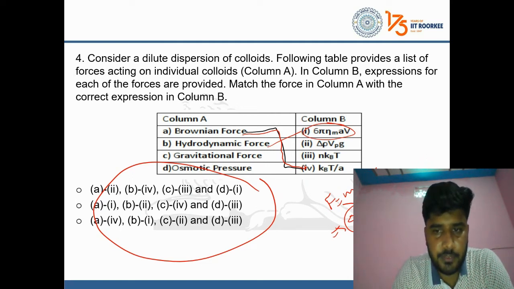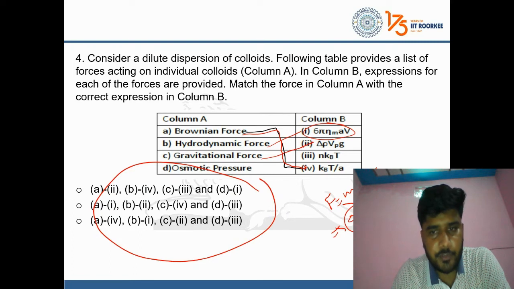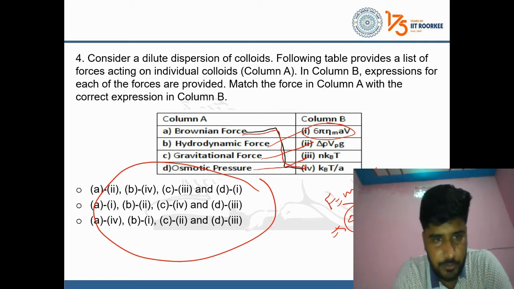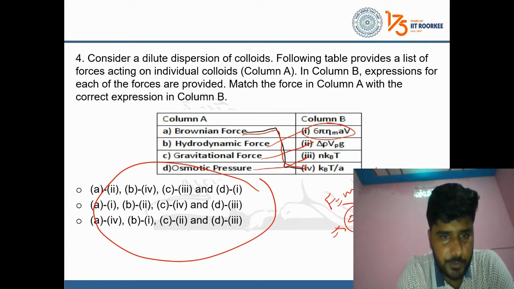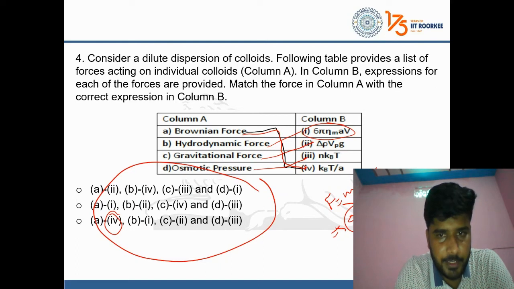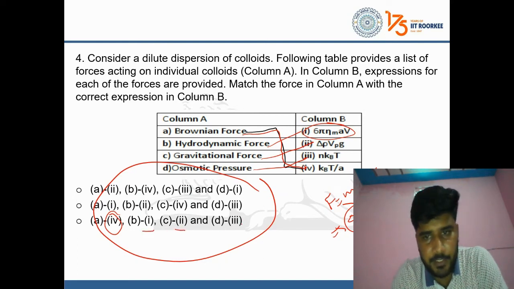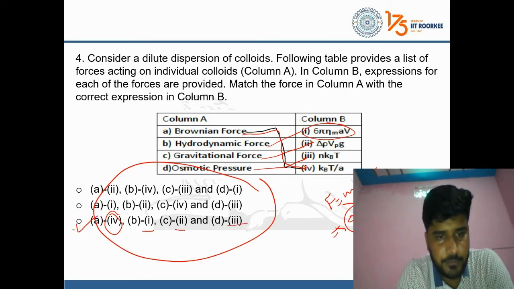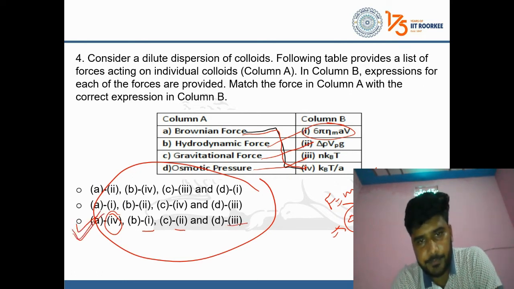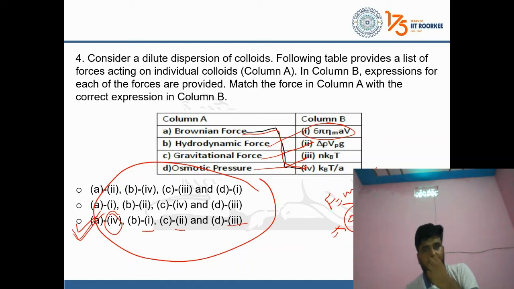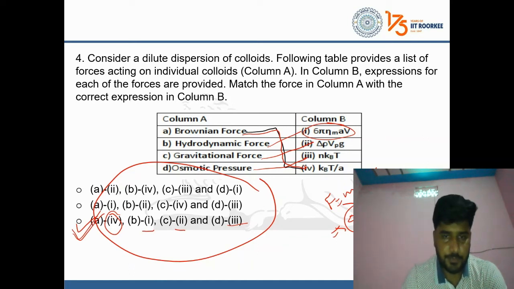On the basis of that formula, you can also match gravitational force and osmotic pressure. This one is the correct match. So A matches the fourth, and B first. C is matching to second, and D is matching to third. So this will be the correct option. This is a basic formula based question.